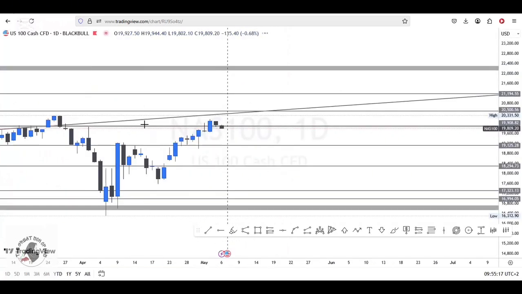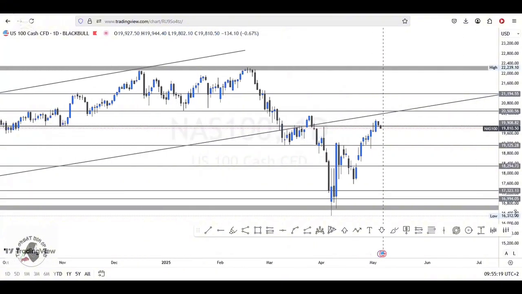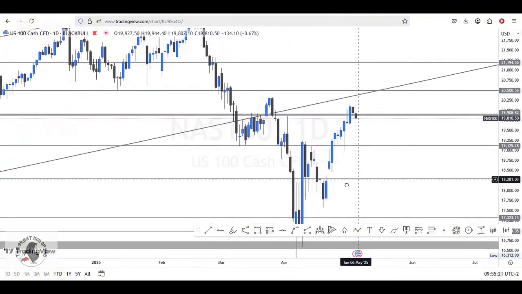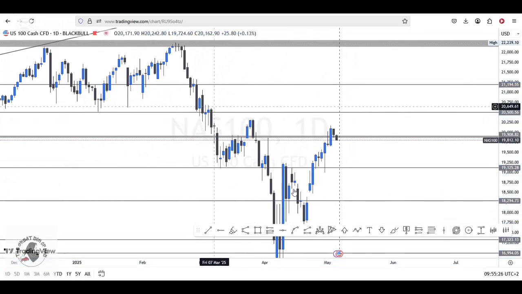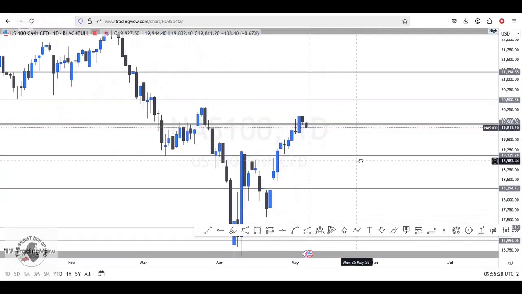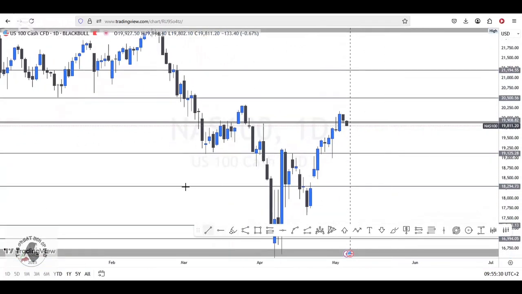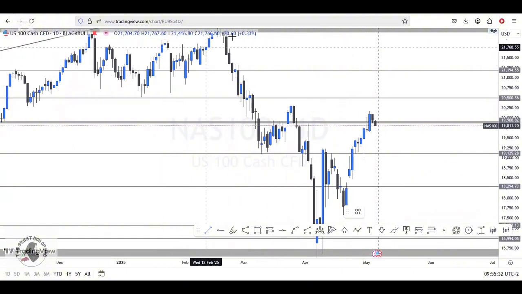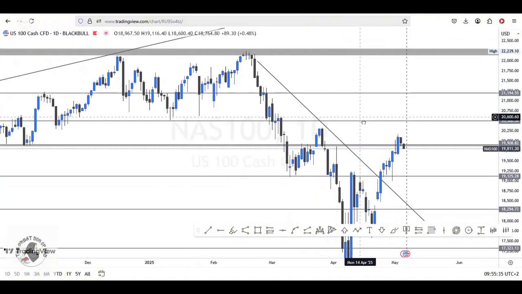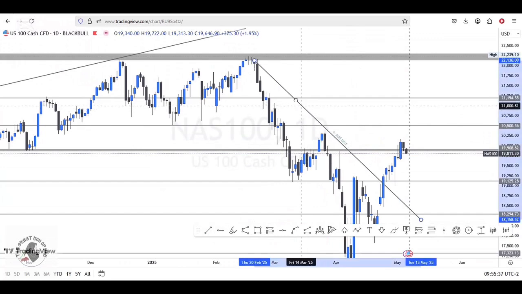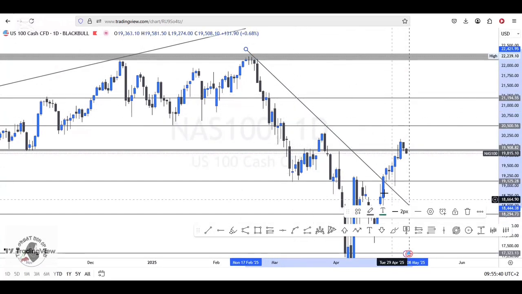Okay, so this is our 1 day time frame. On our 1 day time frame, we need to focus on the current trend or the previous trend, I can say the previous trend, which was our downtrend. Let me just put it perfectly. Remember, for your trend line to be a proper trend line, it needs to have touches.